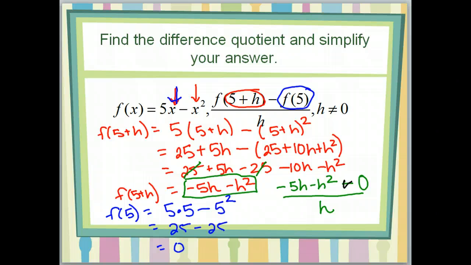We don't really need this 0 here. And there's an h that we can factor out. That leaves us with negative 5 minus h over h. Then the h's cross out, and the final answer is negative 5 minus h.